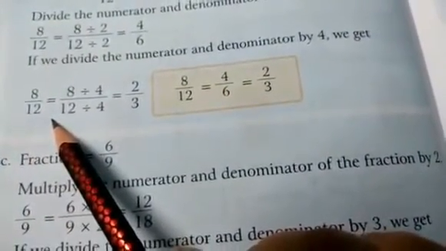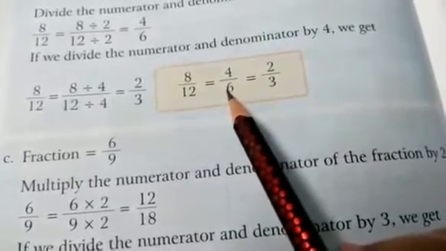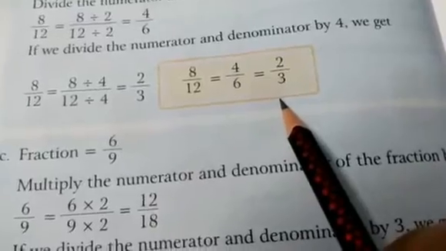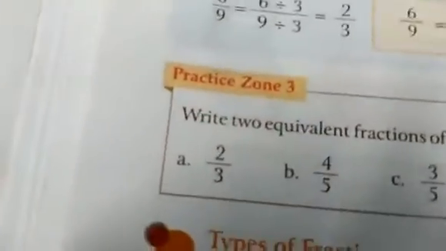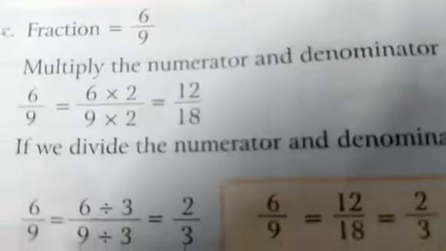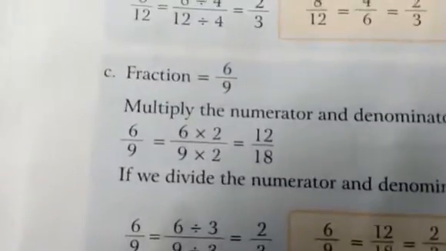So 8/12 divided, that is equal to 4 upon 6 and that is equal to 2 upon 3. So like this way you have to find out the equivalent fraction by multiplying the same numbers in numerator and denominator.